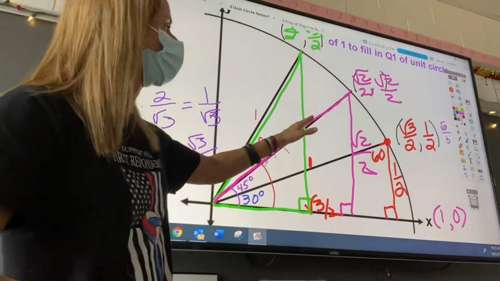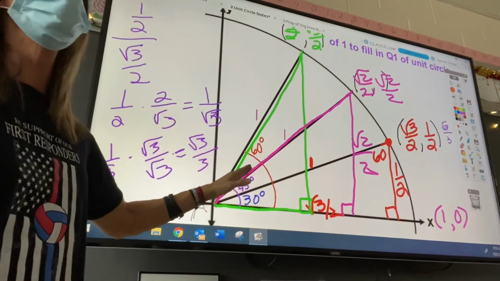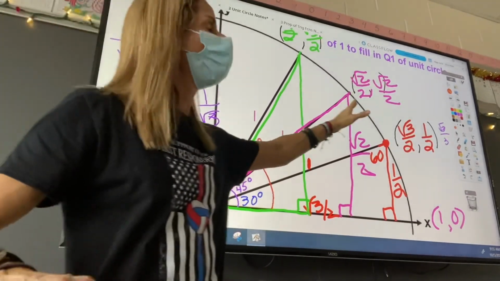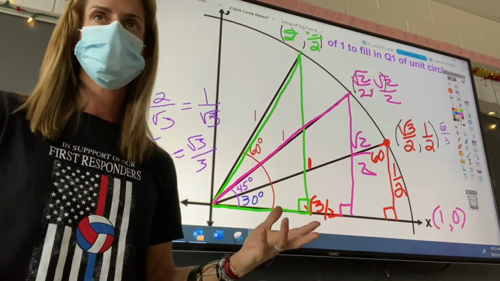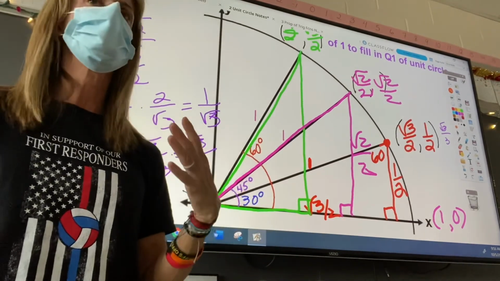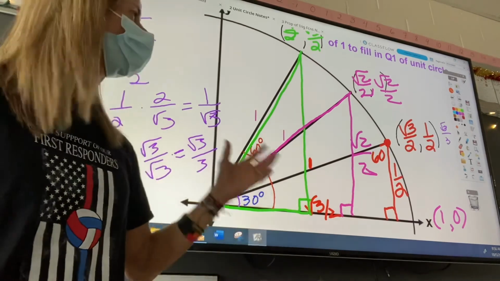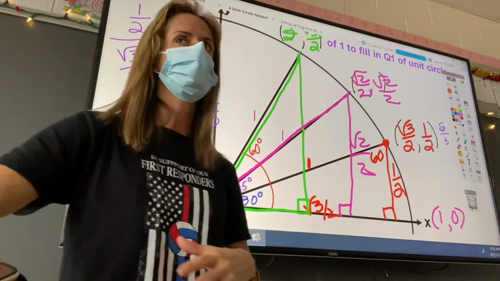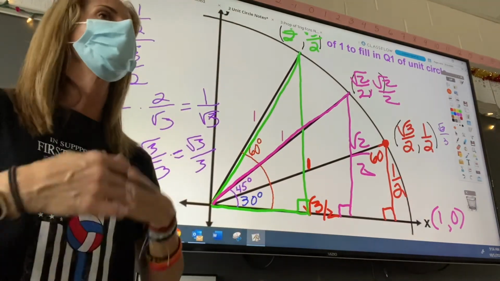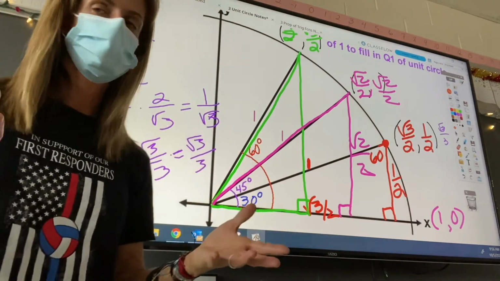Now what's great about the tangent of 45 degrees is that when you put y over x, those values are the same. So it's either going to be 1 or -1 depending on which quadrant you're in. In this quadrant, y and x are both positive, so it's just root 2 over 2 over root 2 over 2, which is just 1.